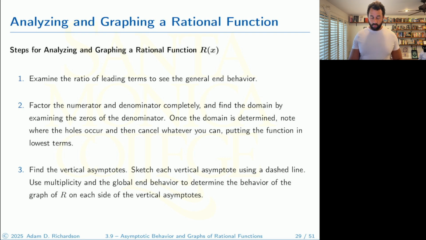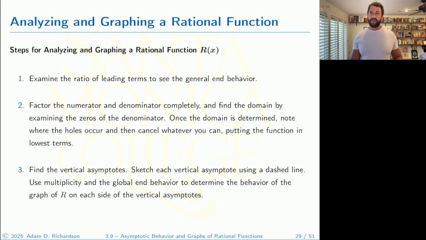That's it. Once you've got a rough idea what the end should look like, factor the numerator and the denominator completely. Find the domain by examining the zeros of the denominator. Once you have the domain determined, note where any holes occur, and then cancel whatever you can, putting the function in lowest terms, right?